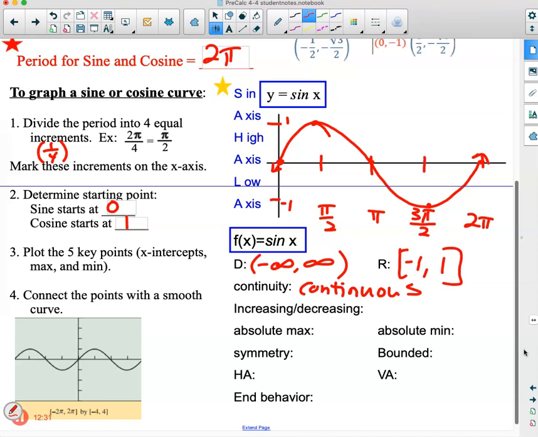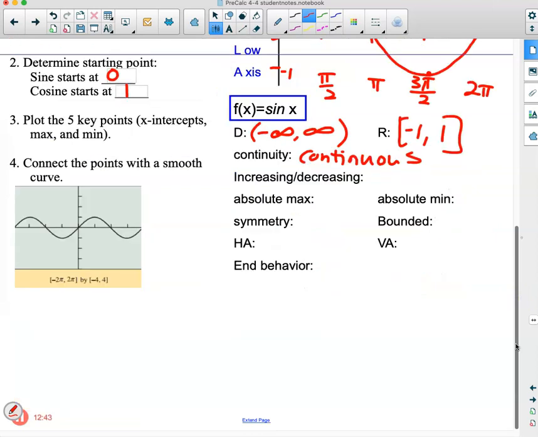Increasing, decreasing. Well, most of the time we just say none, but this one we can say it's alternating in periodic waves. We can be a little bit fancy with it. Alternating in periodic waves.